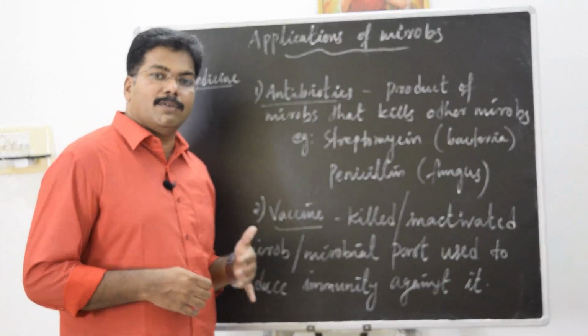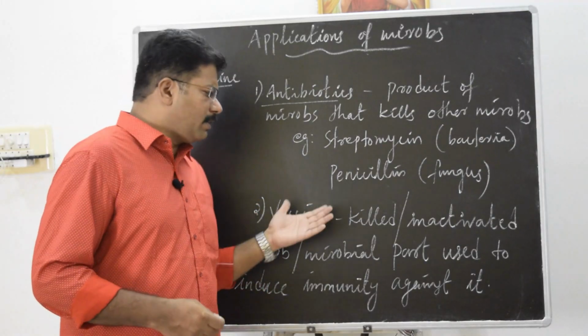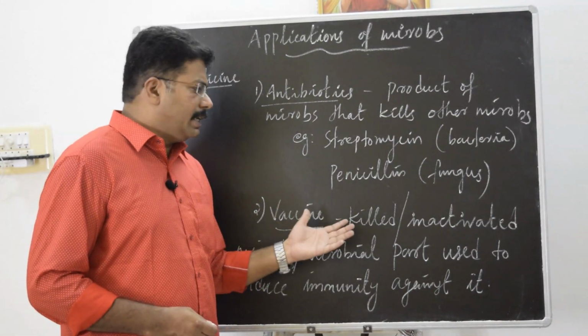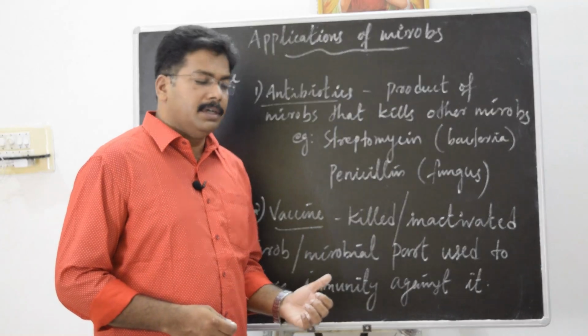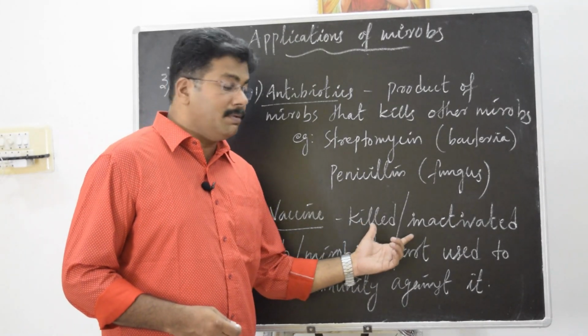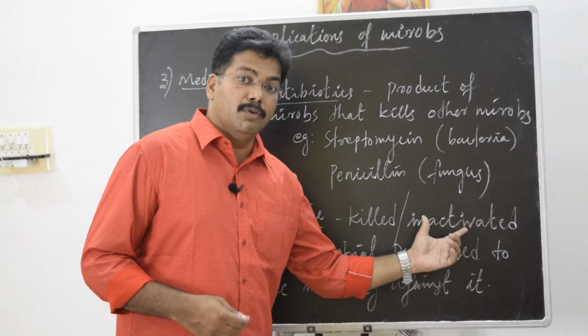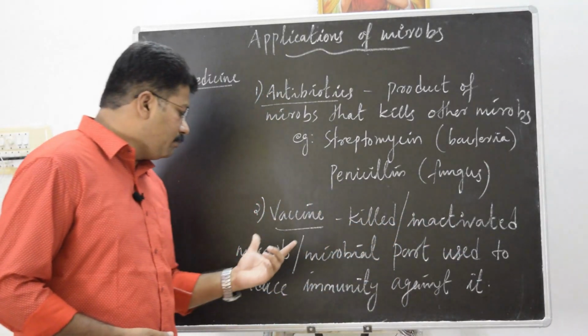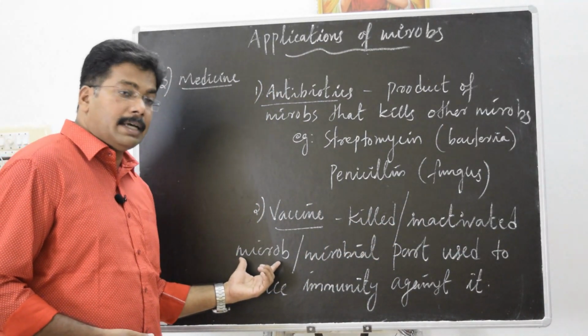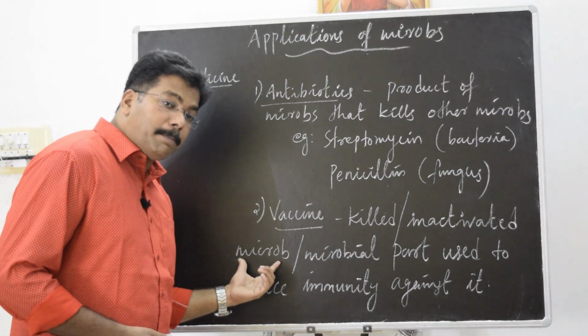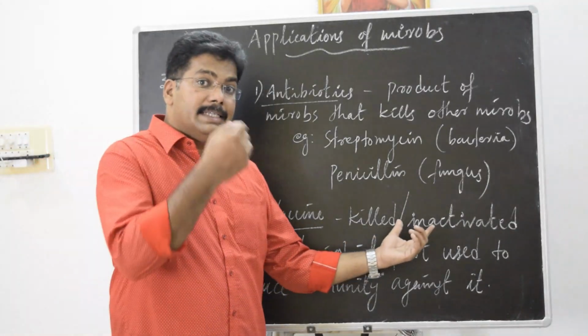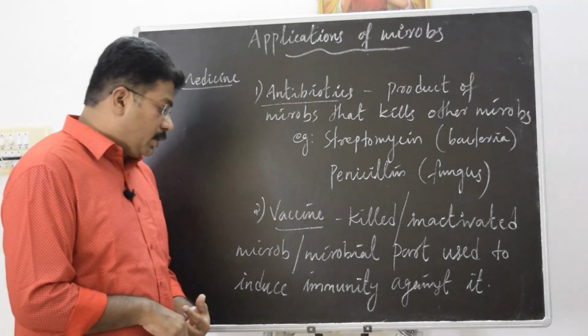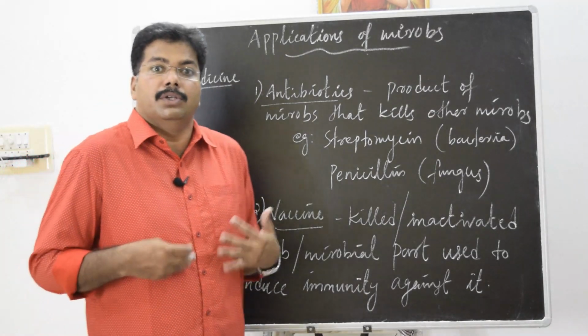Next one is preparation of vaccines. What are vaccines? Let's say there is an infectious virus. We will kill them or we will make them inactive by removing the dangerous part, and we will take that entire microbe or a part of it, we will inject it or take it inside so that our immunity will be induced.